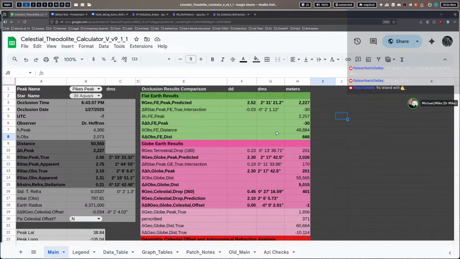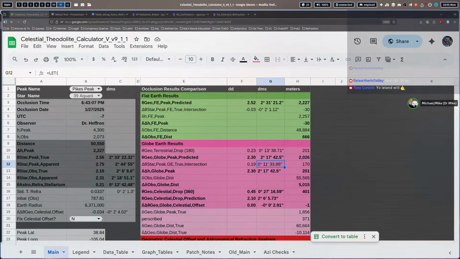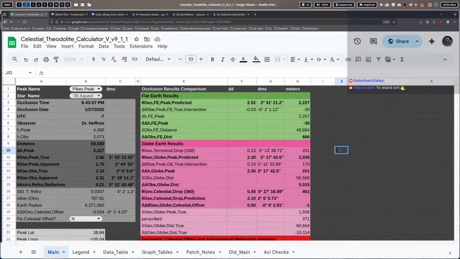That one's like the drop minus the delta. But anyway, it's the delta. It's the difference in height predicted versus measured that's important, and it's the same. That height difference, the delta height error, is the same whether you measure it on the peak or from the observer's location. They're both off by exactly that 30 meters, and they're both measuring 30 meters high, so it's a negative 30 offset.